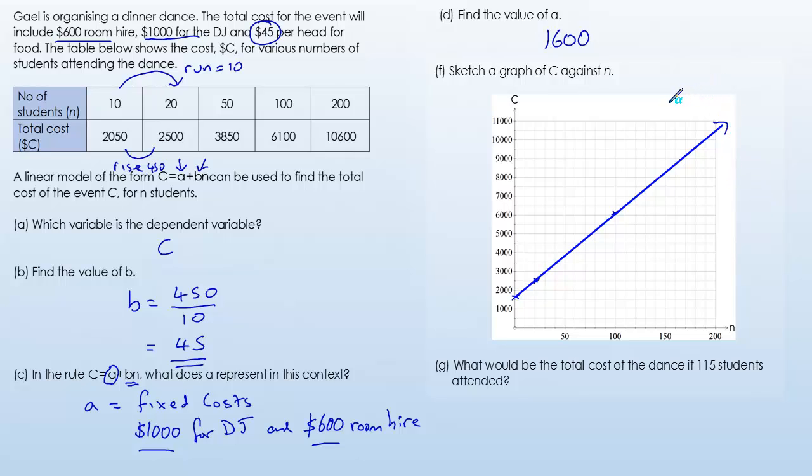And that is our formula, which we found A was 1,600 and B was 45, so that's C equals 1,600 plus 45n. And then we want for 115 students, so C is going to be 1,600, add 45 times 115.